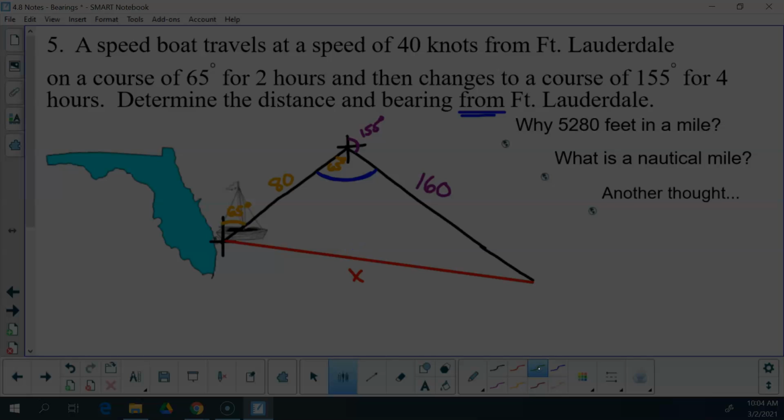Green I got yet. Then this angle here is 25. So altogether, those two make 90. So that's a 90-degree angle. Oh, that helps us out a lot, because what kind of a triangle do we have now? We got a right triangle.